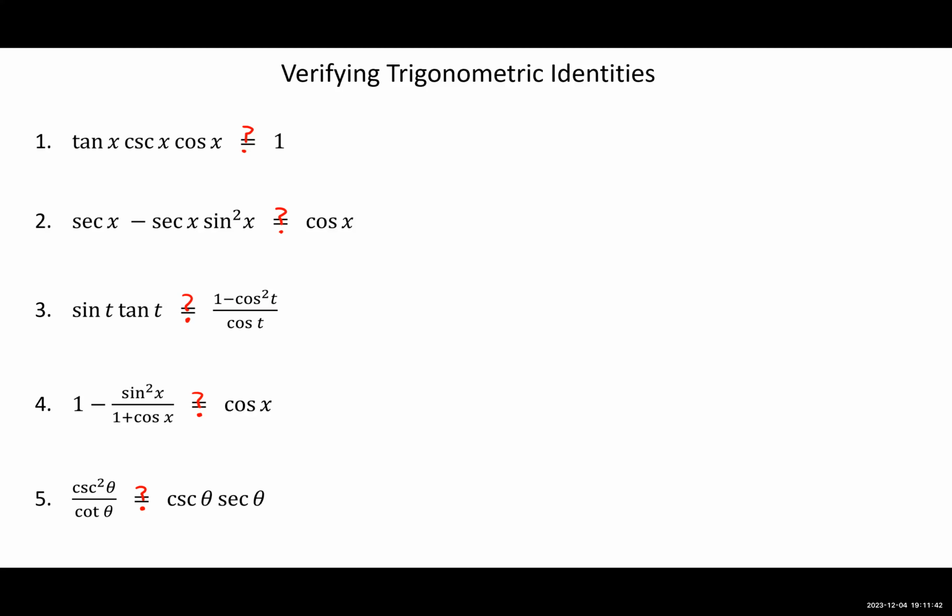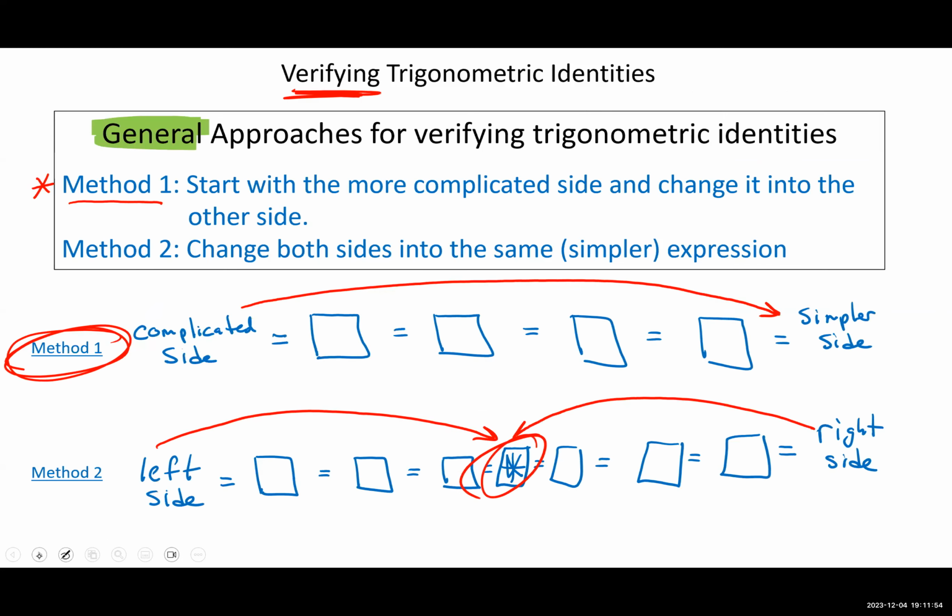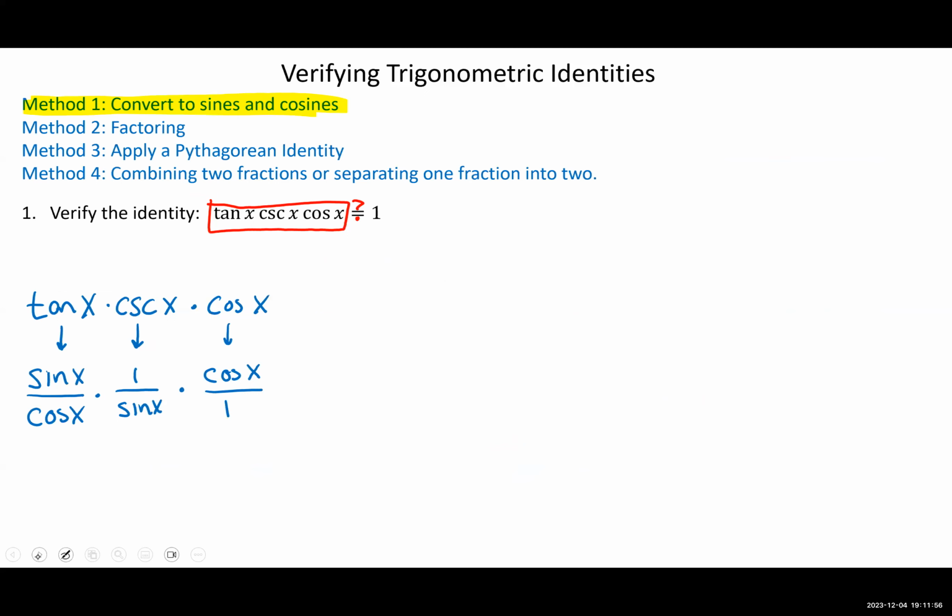I'm sorry about this. We use the quotient identity in this first part. We use the reciprocal identity on the second part.